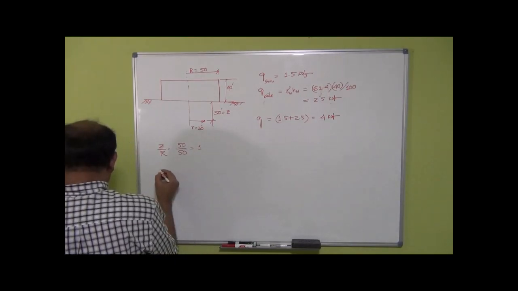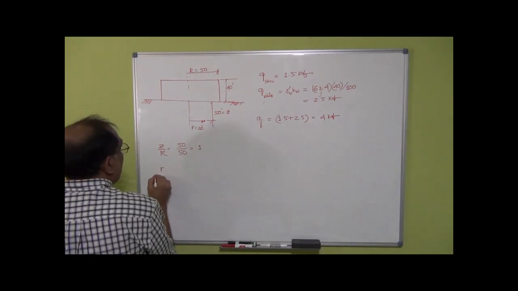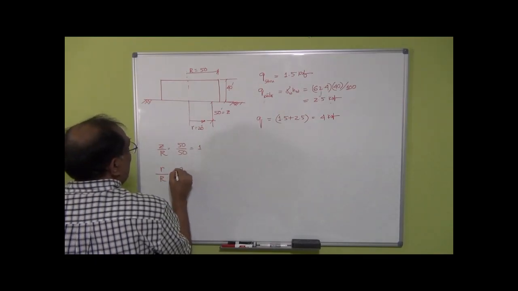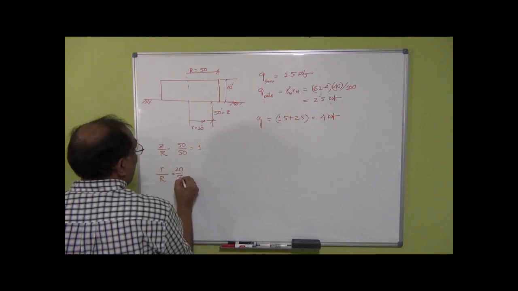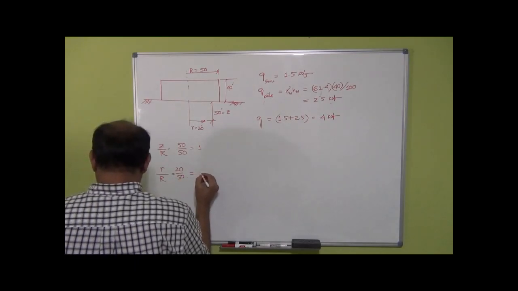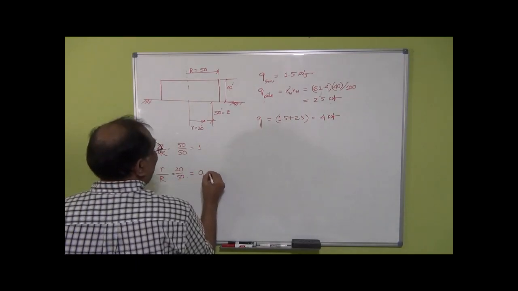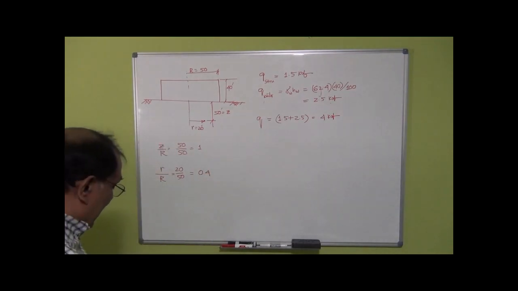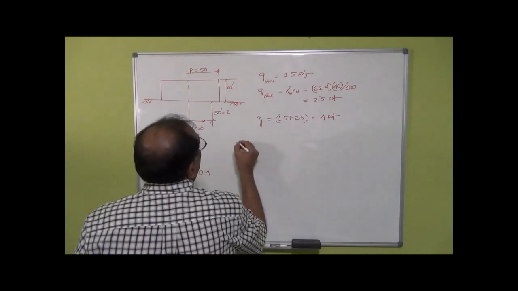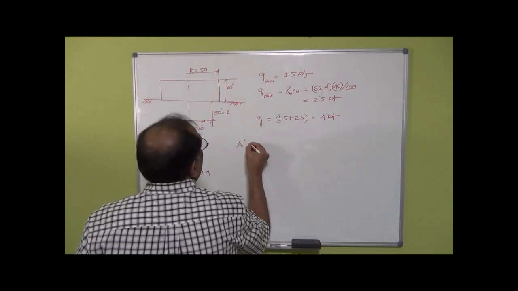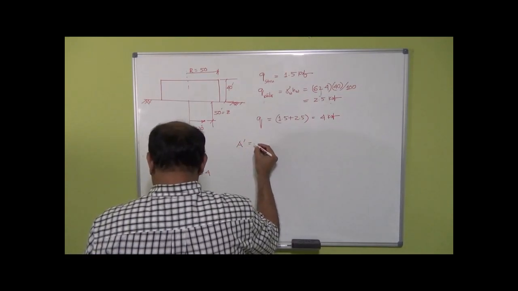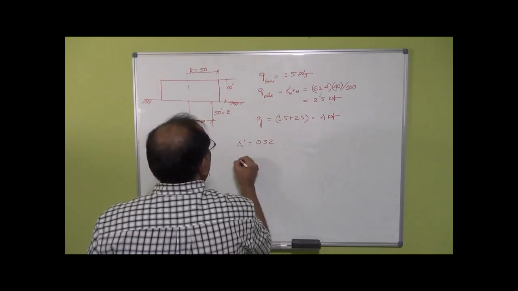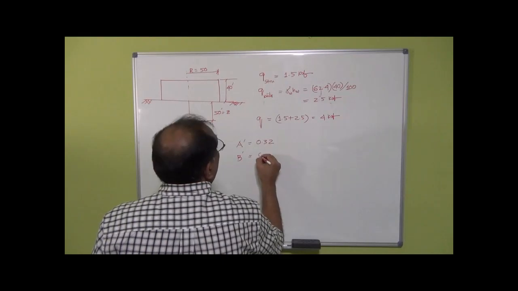And your lowercase r by capital R is 20 divided by 50, which is 0.4. Now if you see the table, you can get your A prime and B prime from there. So you get your A prime, which is 0.32, and your B prime equal to 0.27.